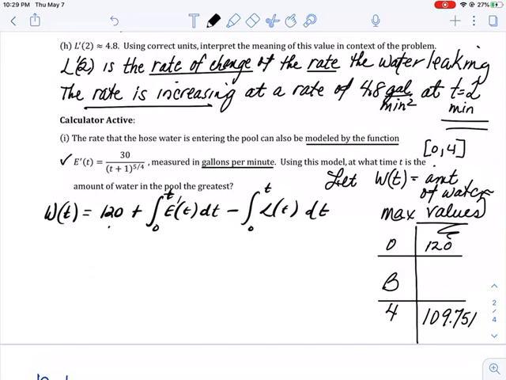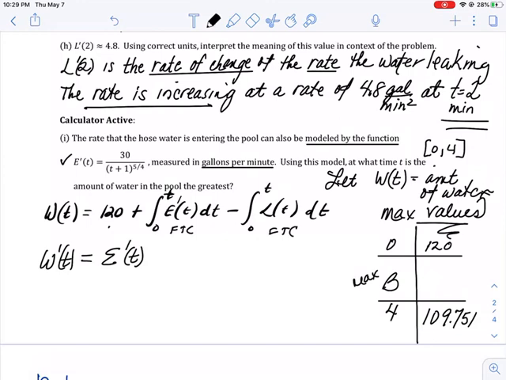We want to know when the amount of water is the greatest. So this would be our max. And so where do we find our max? When W prime of t is equal to E prime of t minus L of t, when we use the FTC here.